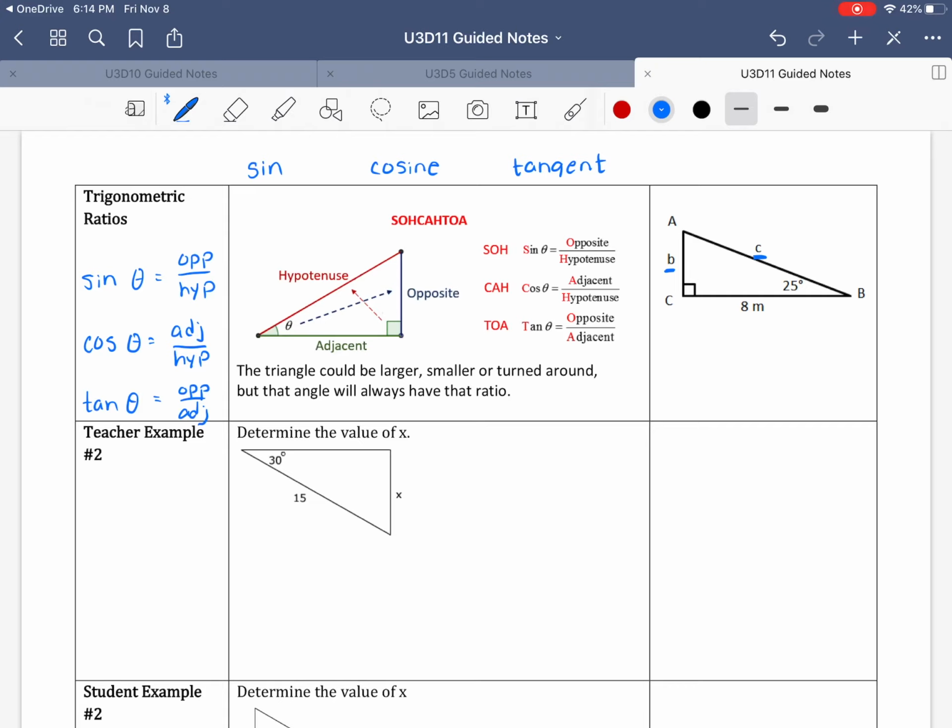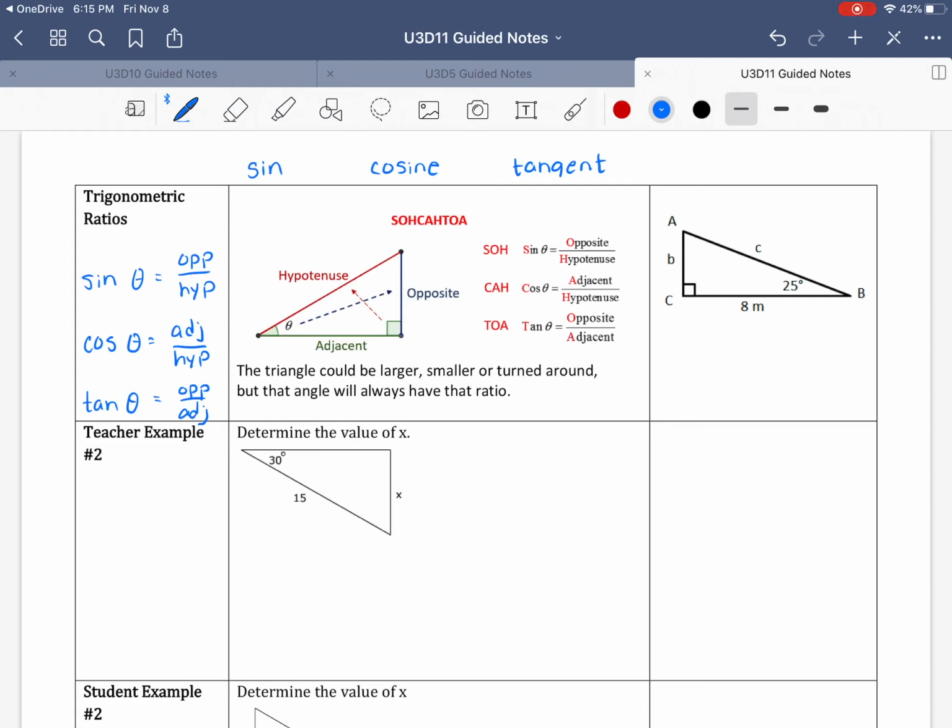And these ratios are useful because they can help us determine the side lengths of triangles. The phrase SOHCAHTOA gets thrown around a lot as a mnemonic device to help us remember these ratios.